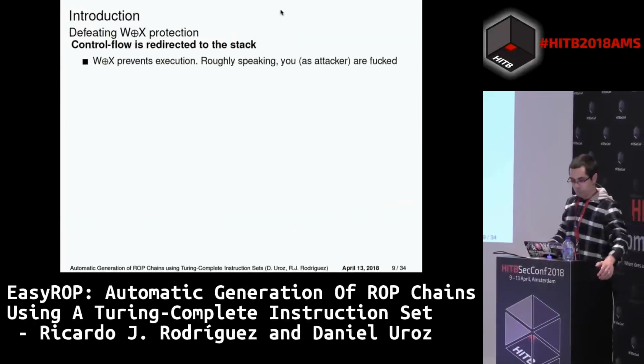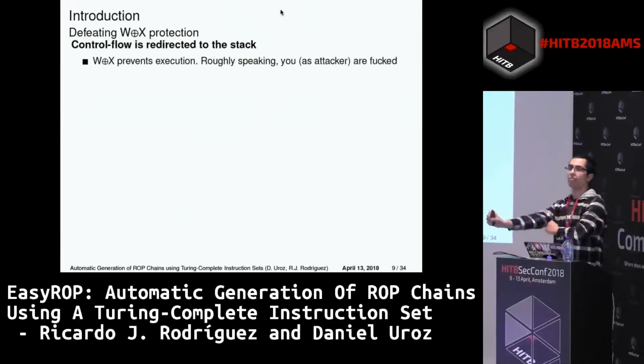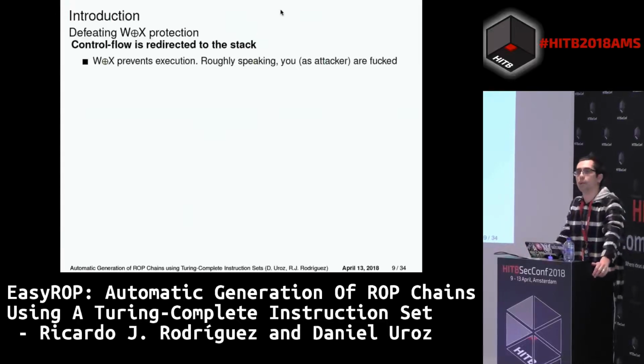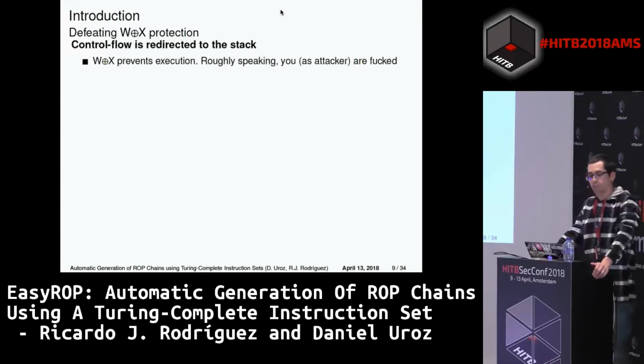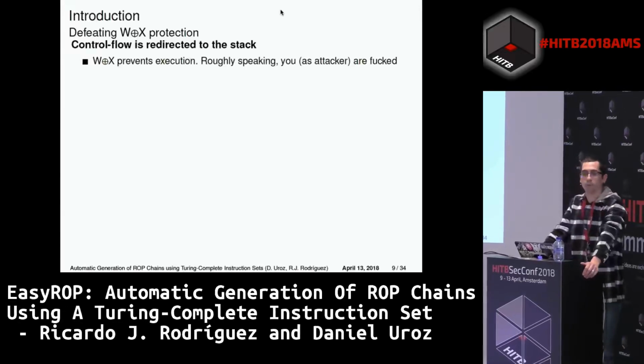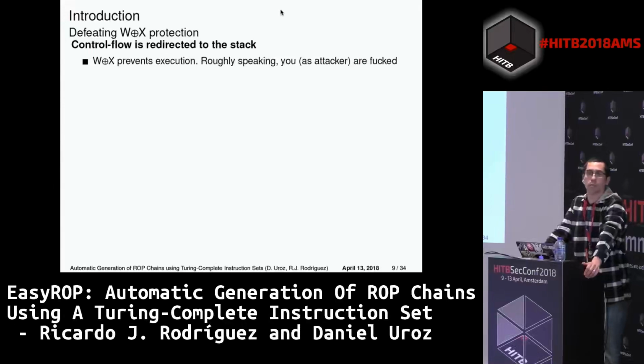Well, the thing is, okay, I have this write or execute mechanism defense. How can I try to defeat this protection? Okay. So if you want to exploit a memory error, for instance, a stack buffer overflow, it means that you want to write some stuff in the stack and then you want to jump into the stack.